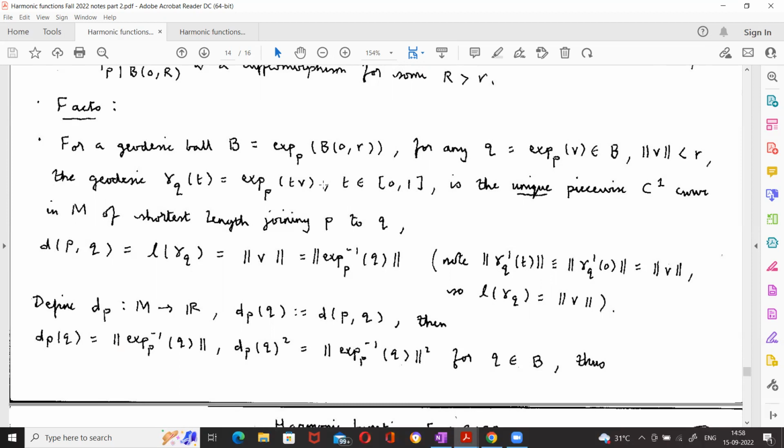It turns out that this curve is the unique piecewise C1 curve in the whole manifold M of shortest length joining P to Q.